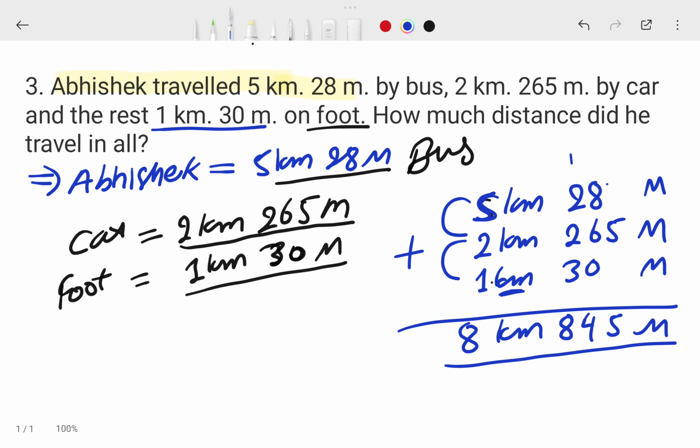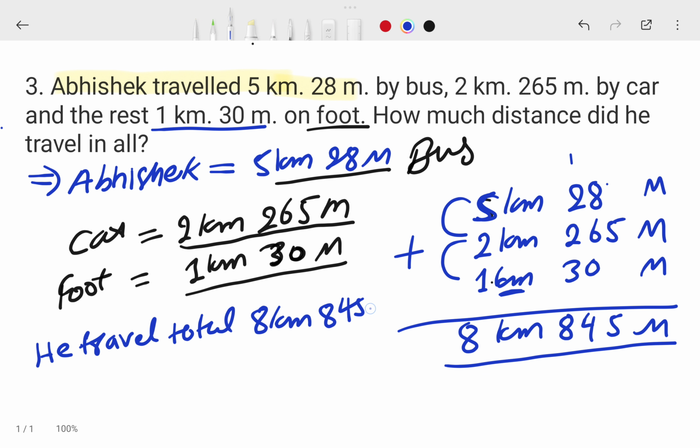So how much distance did he travel in all? We will write: Abhishek traveled a total distance of 8 kilometers 845 meters.